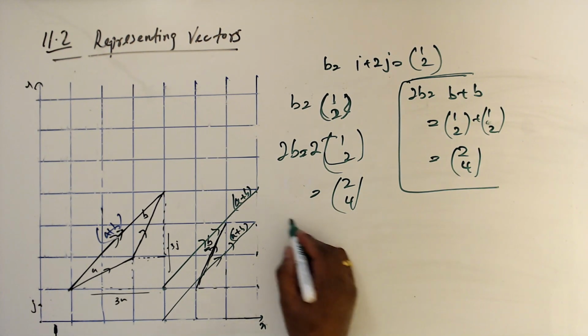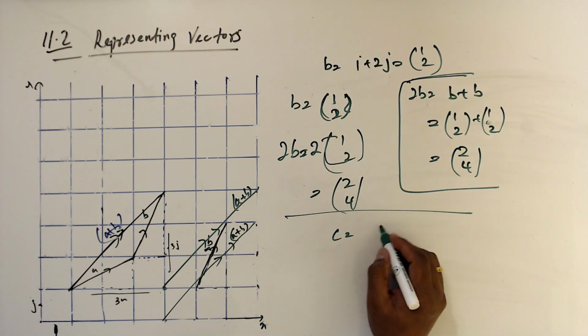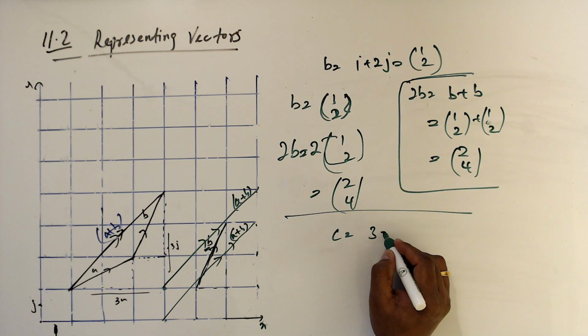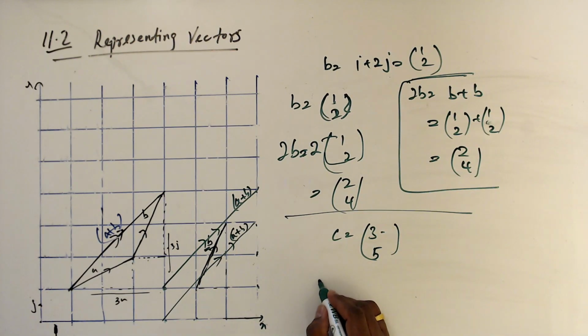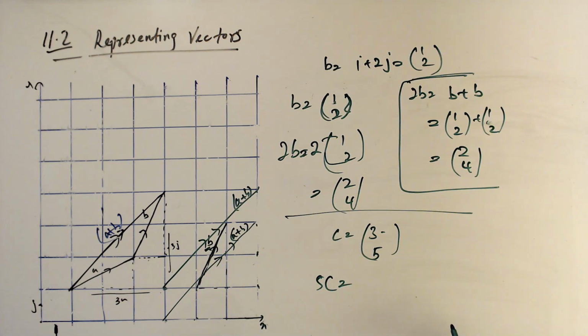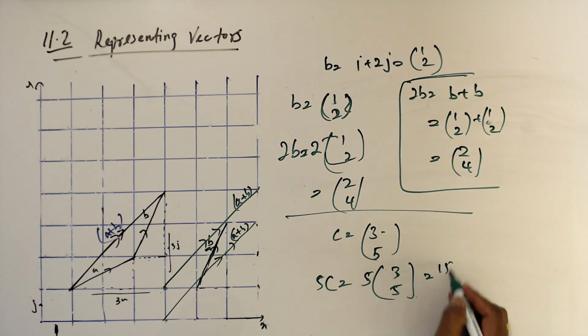So if we have a vector c, let's say 3 5, and I want to find 5c, then you simply multiply 5 times 3 5. So 5 times 3 is 15, 5 times 5 is 25. Done.